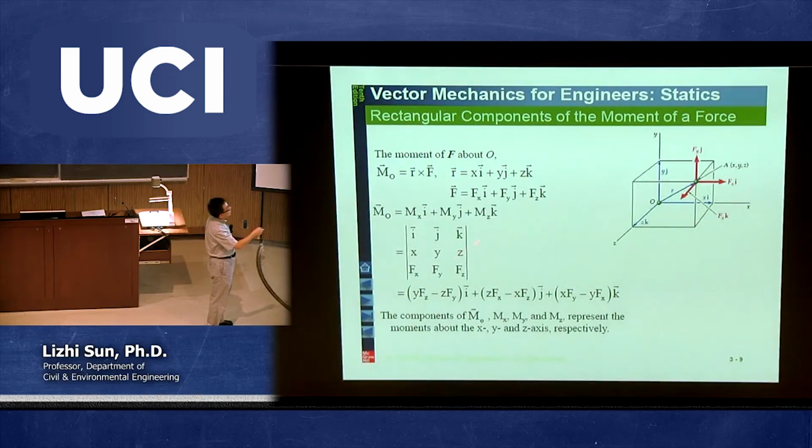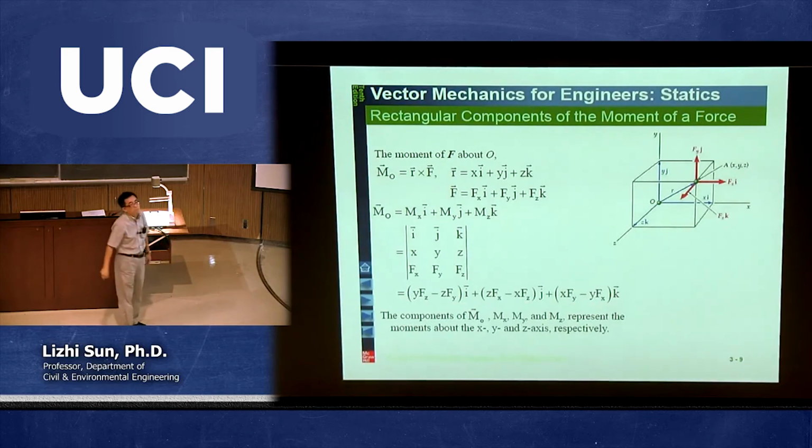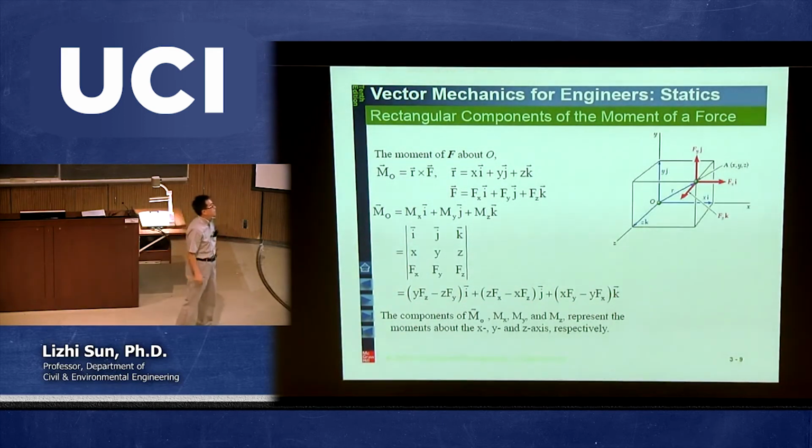That's right here. And the third row should have the 3 components of the force vector, this. And then you just do the cross product, or you do the determinant, you finally end up with this one. So this is the final result, or you can deal with it by yourself.